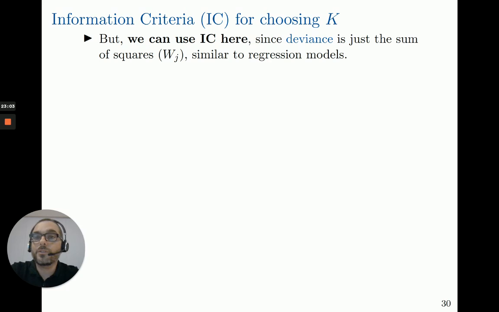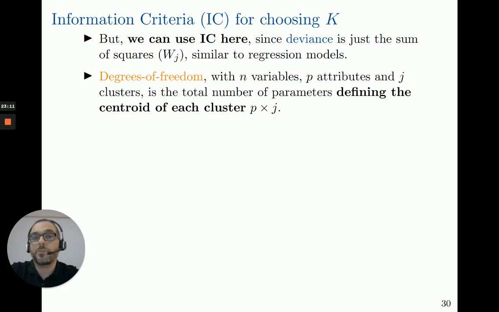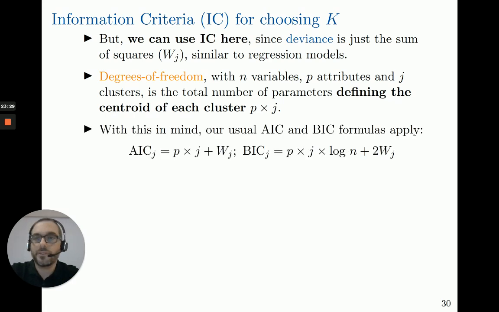So we can use a kind of information criterion. The deviance is just the sum of squares, like in regression models, and we have a way to compute degrees of freedom with n observations and p attributes and J clusters: the total number of parameters defining the centroid for each cluster is pJ, the number of degrees of freedom.